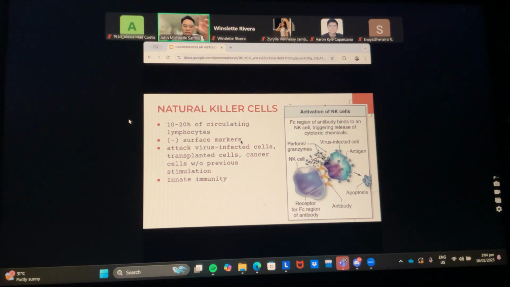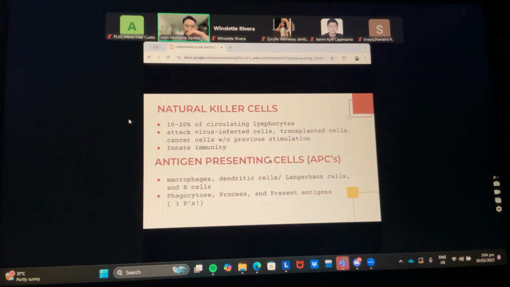Kumbaga kapag nakita niya, sasapakin na niya kaagad. Ganun. Okay, so this is the activation of your NK cell. The Fc region of the antibody binds to the NK cell, triggering its release of your perforins, mga granzymes. Ayan. So nasira na kaagad yung virus-infected cell mo. So ganyan siya kastig.